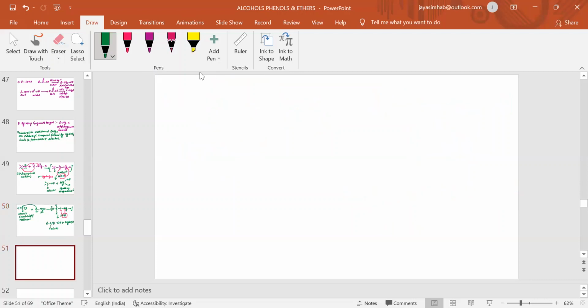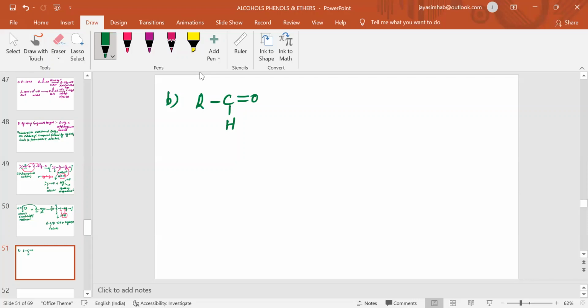Second one, B: if any aldehyde is there, not formaldehyde, a higher aldehyde, a simple one, let's take ethanal, CH3 C double bond O H. One more carbon is there.